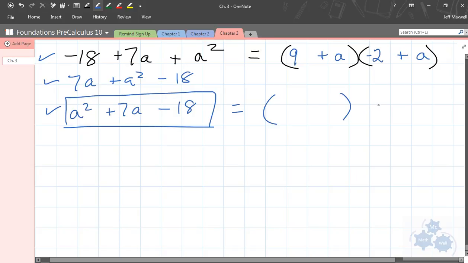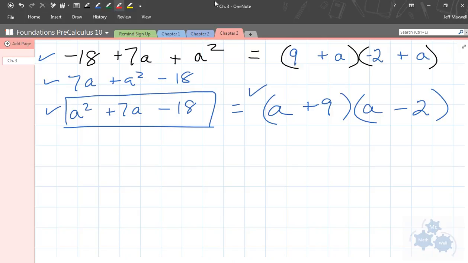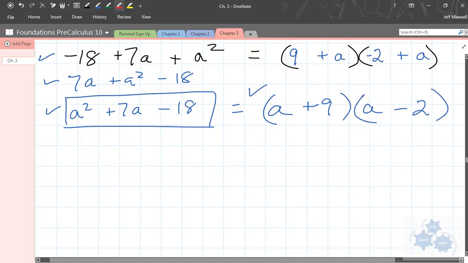And then you could write your factors, and you could go a, that's positive 9 and minus 2. And this would be correct. Notice that this factor right here and this factor right here, even though they look different, they are exactly the same. If you have a negative 2 and you add a, it's the same as having a minus 2.